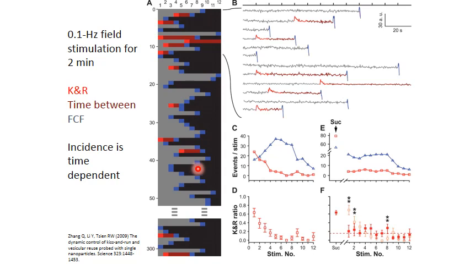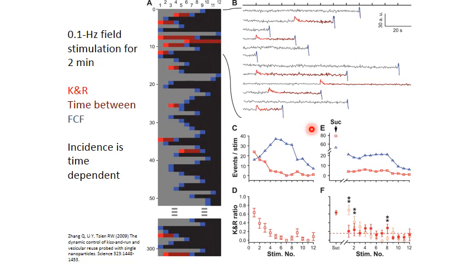Full collapse and fusion, however, the number of full collapse and fusion events increases with the number of stimuli, or with the recent history of activity at that particular synapse. So this gives us the idea that at any particular synaptic site, presynaptic site, whether the choice is to recycle via kiss and run or to recycle via full collapse and fusion may be dependent on the history of activity at that site.